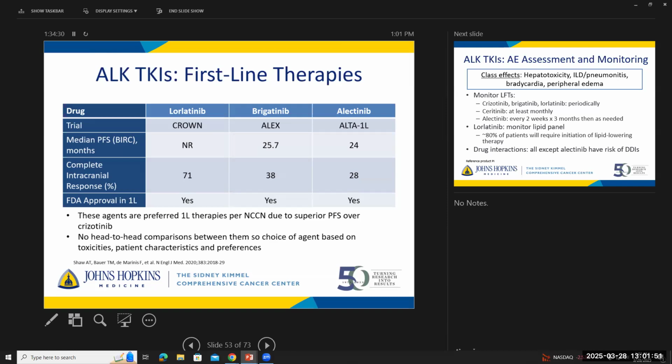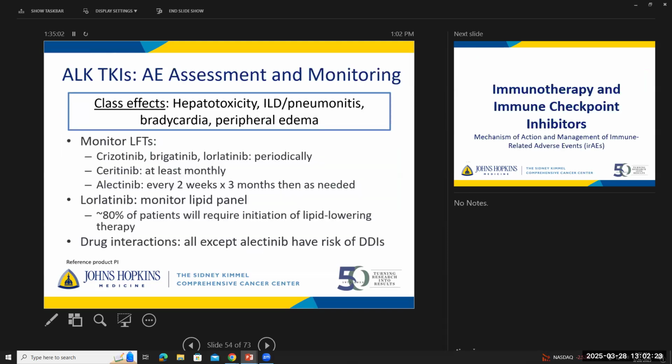So alectinib was the only one that I introduced in the early stage because alectinib is the only one that's been shown to be beneficial for patients who've had surgical resection to decrease the risk of recurrence. But when we're talking about metastatic patients where we're no longer going for cure, any one of these 3 is going to be an option. You do see, though, that the lorlatinib data does look a bit better as far as the intracranial response. So in practice, when our patients have brain metastases, we typically will recommend lorlatinib.